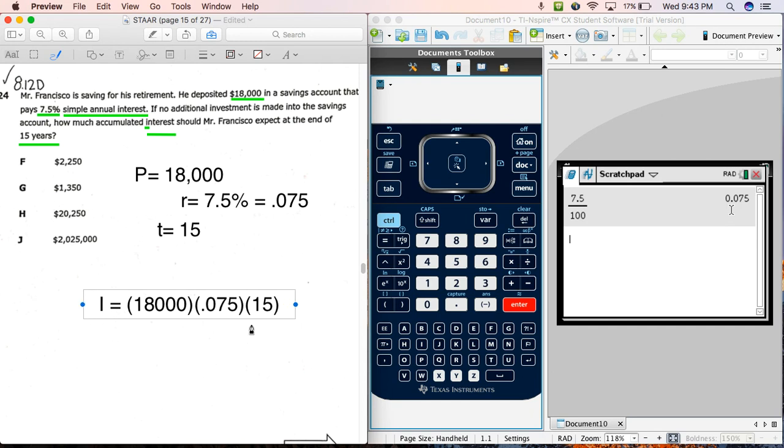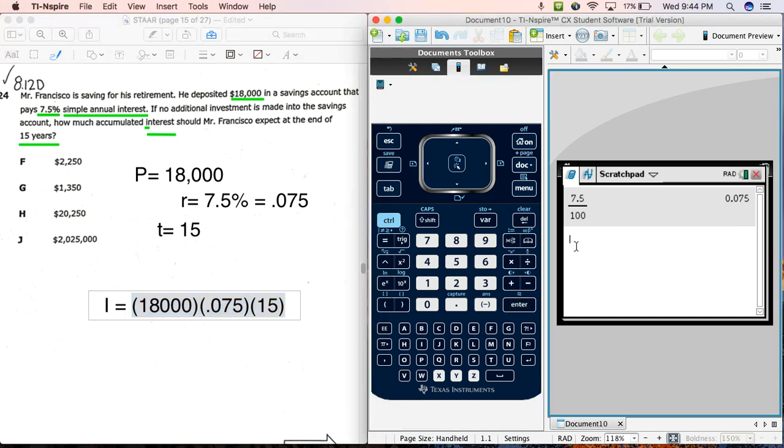You can literally plug this equation in the way it looks, or you can put multiply for all of these. I'm going to keep it in parentheses so that you can see what I'm talking about. So in parentheses I'm going to put 18,000, close the parentheses, times 0.075, times 15.